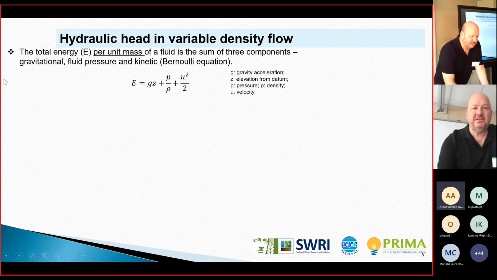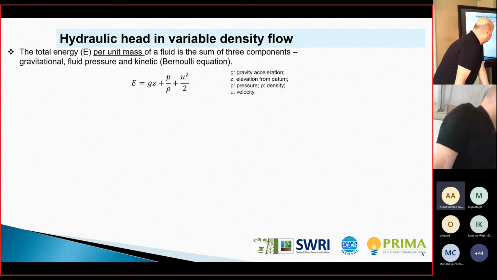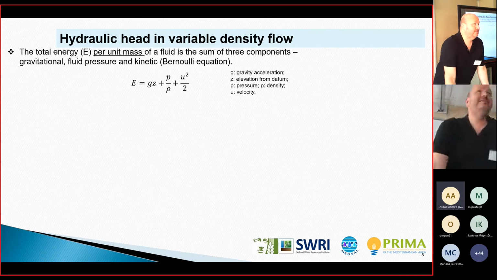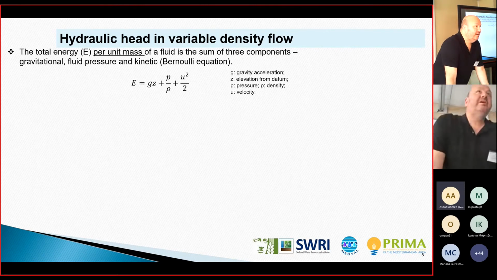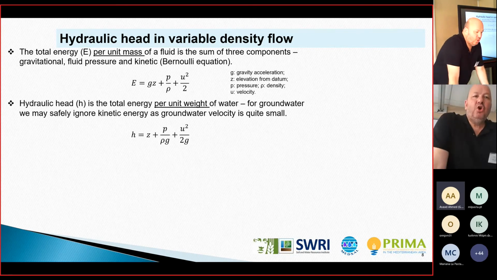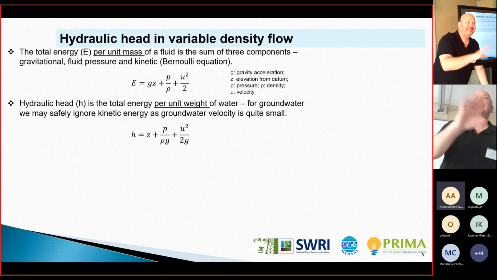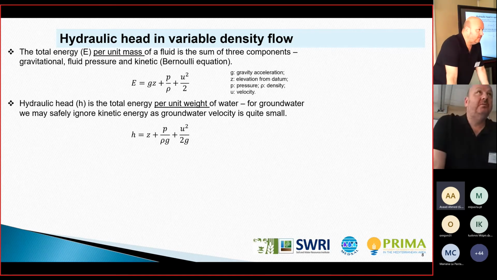You can see these 3 components as the first, second, and third terms in this equation, where g is gravity acceleration, z is elevation from a reference datum, P is the fluid pressure, the Greek rho is the fluid density, and u is fluid velocity. Based on the Bernoulli equation, we can have the hydraulic head, which is nothing more and nothing less than the total energy per unit weight of water.